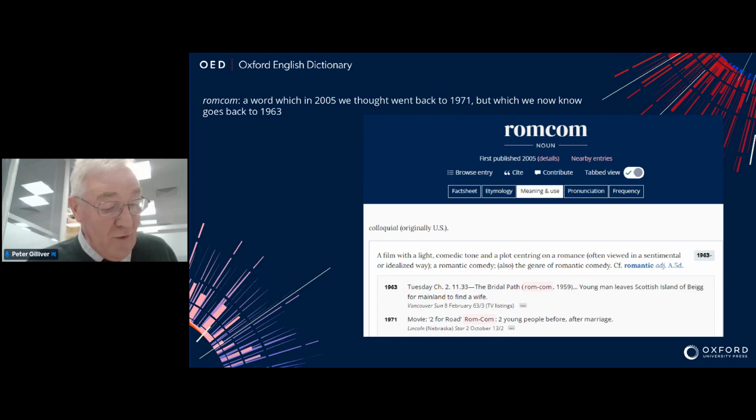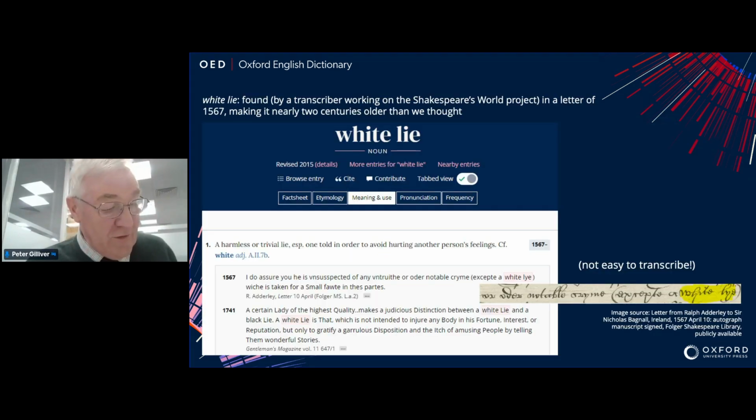So, for example, when we first revised the entry for white lie, our first quotation was from the 1740s, but in 2017, an example was found by somebody who was transcribing a manuscript letter written in the 1560s. What that tells us is that the word is 200 years older than we thought. And it means the idea of a particular kind of lie being figuratively described as white is 2 centuries older than we thought.